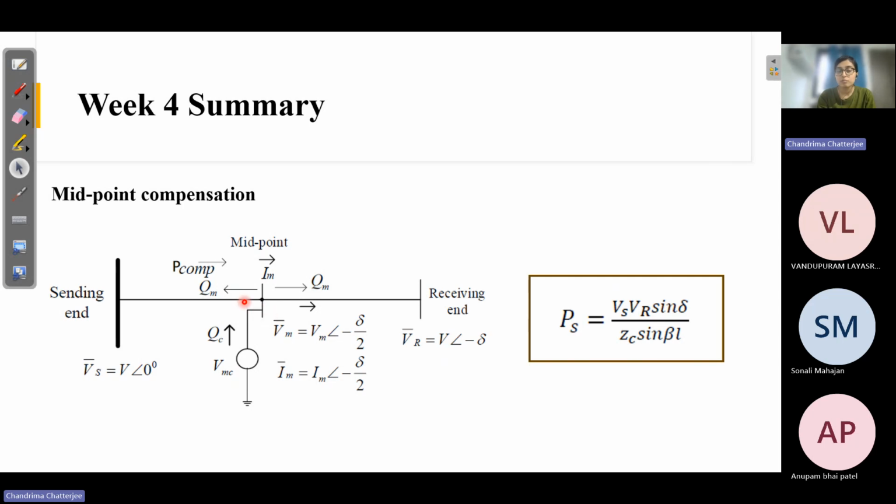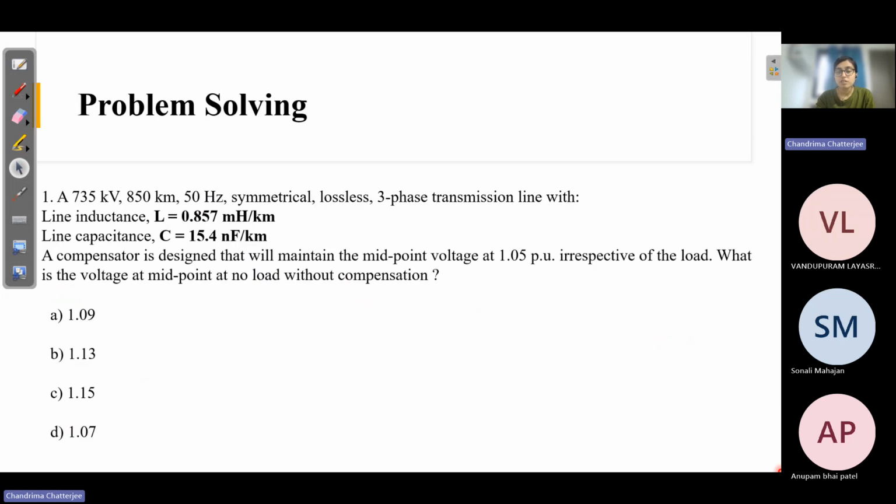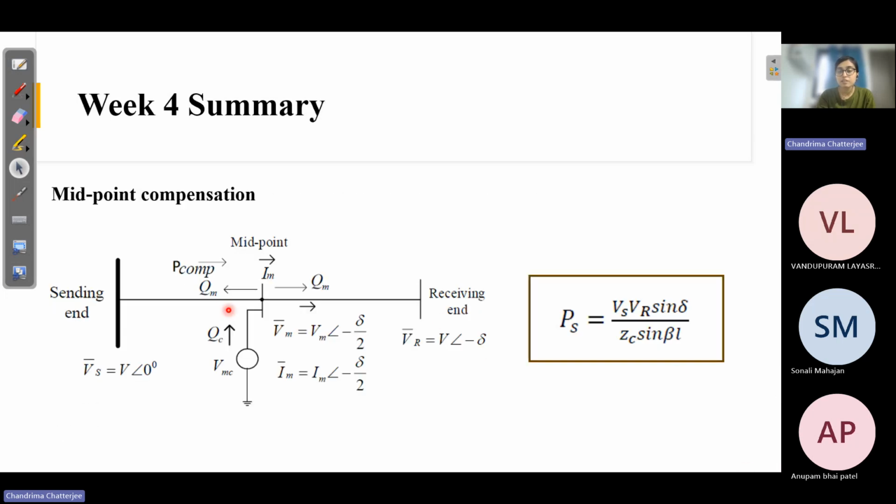The moment you change the voltage, the active power will also change. This is the active power when there is no compensation, but this will change when the line is compensated. The expression will change. That we will also see when we solve the numericals.